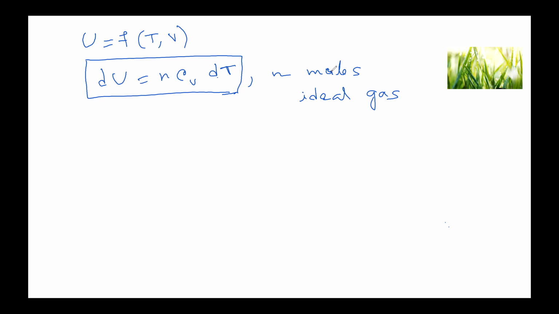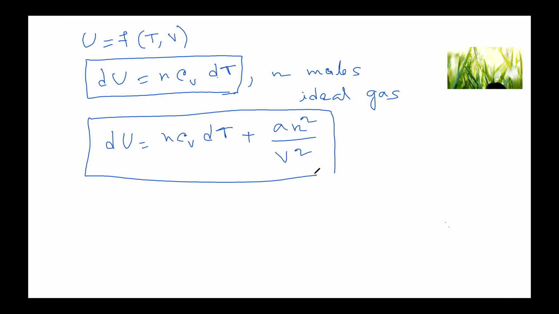For that, dU equals nCv dT plus an² by V². This is the term for dU for n moles of Van der Waals gas, a real gas which obeys the Van der Waals equation. Here a is the Van der Waals constant.